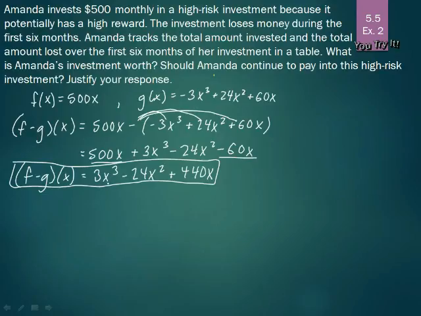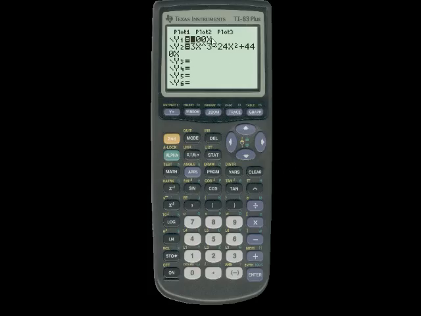Let's go ahead and graph it compared with what she would normally make without the investment, which is the 500x. So I've gone ahead and I put our f of x equation into y1 and our f of x minus g of x into y2, and then graphing those, then we see that the straight line is the 500x, the f of x equation, and then the other line is what it would be subtracting the investment lost.